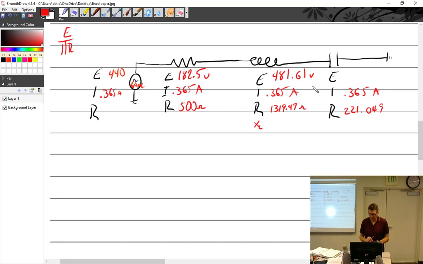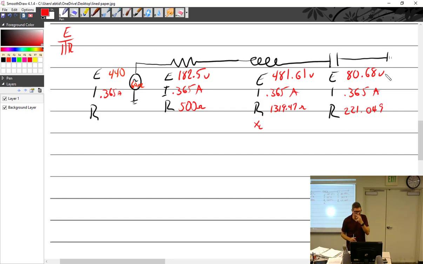Then E of C. Well, I screwed something up. 0.365 times 221.049 equals 80.68. All right. That's not so hard. Now let's take a look at this.